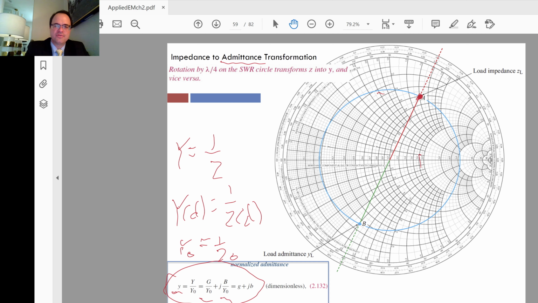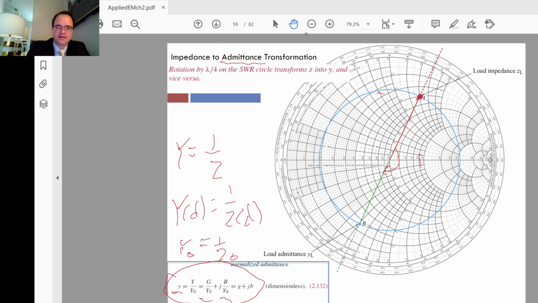And what we find is that to get G and B, the normalized conductance and normalized susceptance, we just simply go 180 degrees. We make a 180-degree phase change, and we read off in the same family of curves.